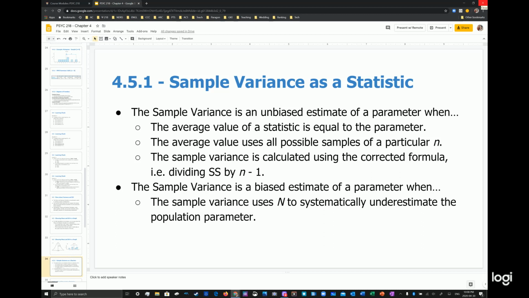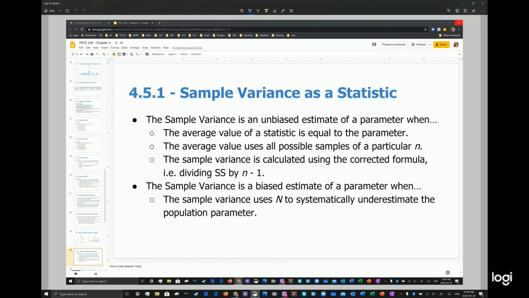So the last bit here, talking about sample variance, we're going to talk about it as a statistic, which we'll use for inferences. The first point here is that the sample variance can be an unbiased estimate of a parameter when the average of the statistic is the same as the parameter.